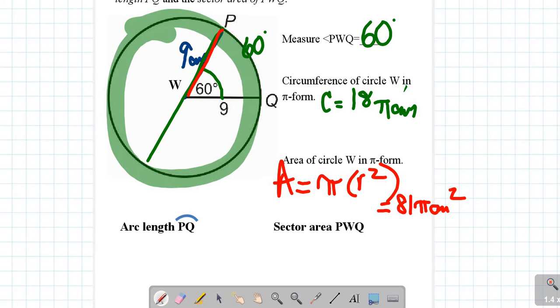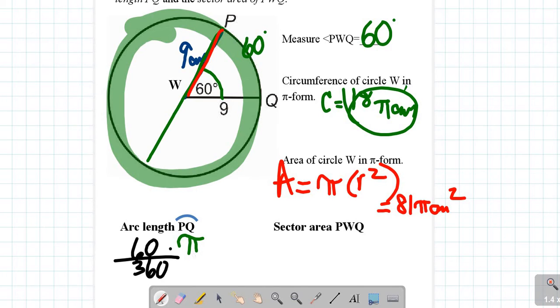Okay? Arc length. Fraction of circumference. Arc length is what? Okay. Arc length is fraction of circumference. Great. So our fraction in this case is 60 over 360 times our circumference that we already have, 18 pi. All right?